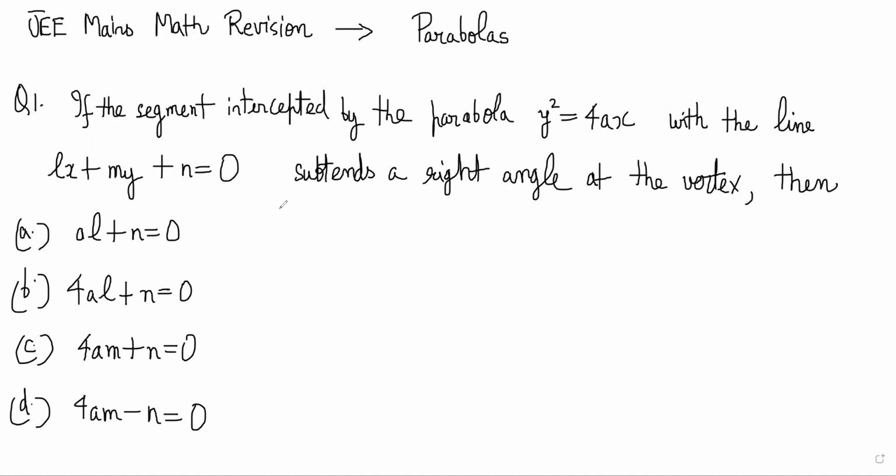Segment intercepted by the parabola with the line. So by that we mean a line like this segment. This segment subtends a right angle at the vertex, that means this angle is 90.